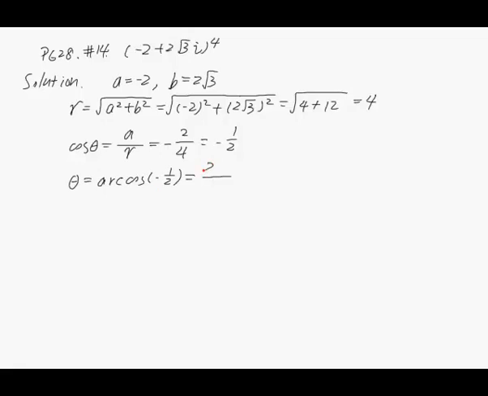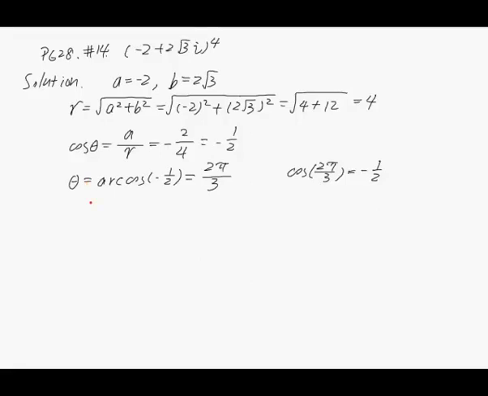So it's equal to 2 pi over 3. Actually, you can use the reference angle to verify cosine of the 2 pi over 3 is really equal to negative 1/2. And this 2 pi over 3 is between the 0 and the pi, which is the range of this arc cosine function. So in this way, we found the argument of this complex number.